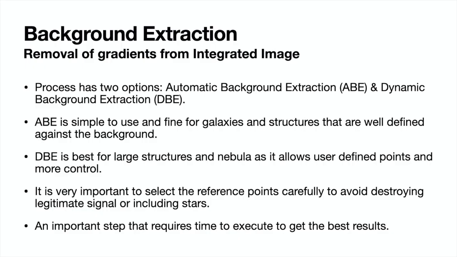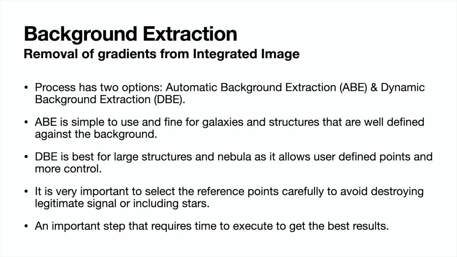The next process that we're going to look at is background extraction. This removes gradients from the integrated image. Gradients can be caused by light pollution, the moon, and certain issues with the optical system.